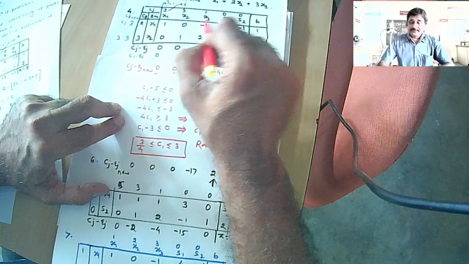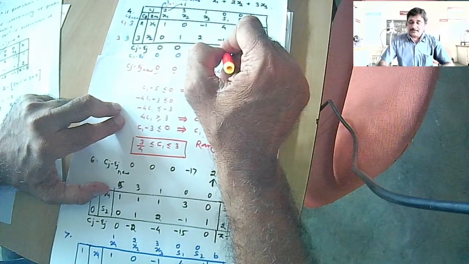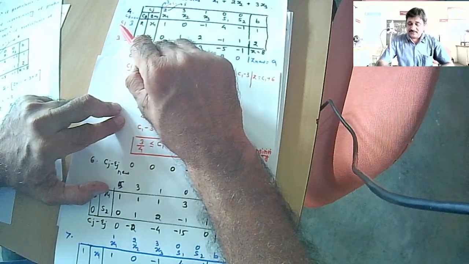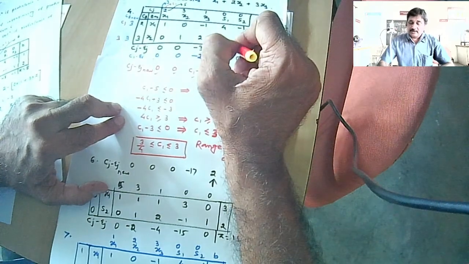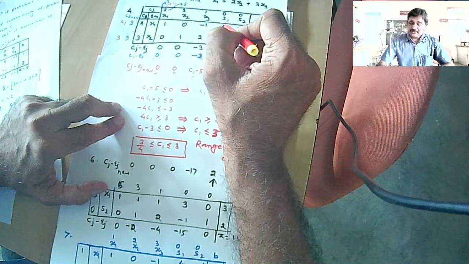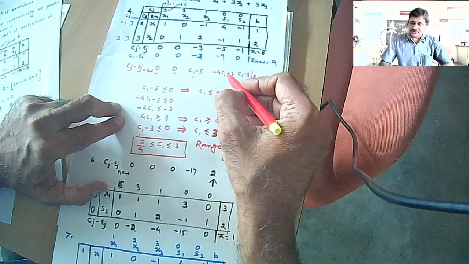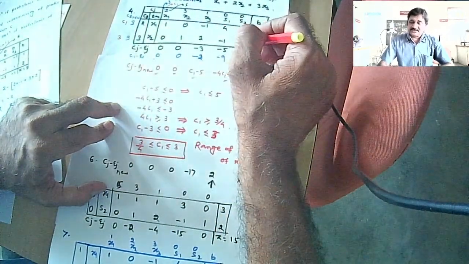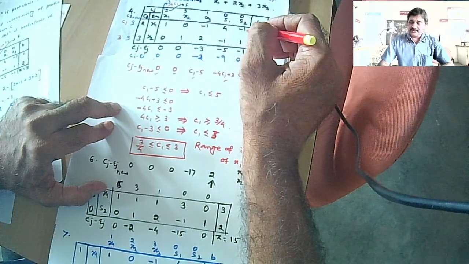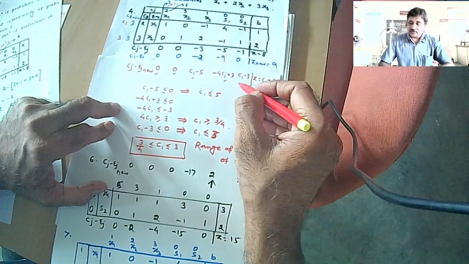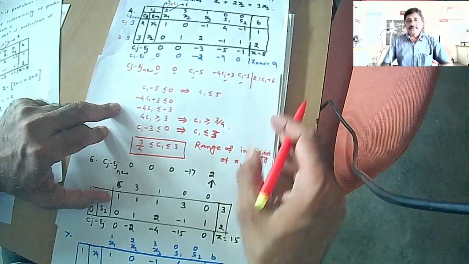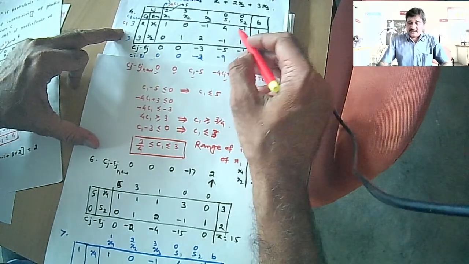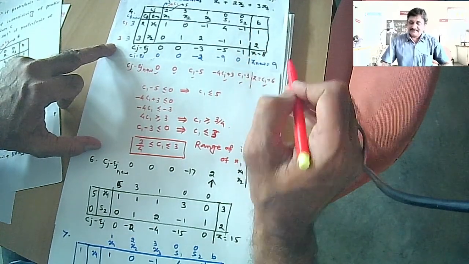I have to take this coefficient: 4C1 minus 3. So 0 minus 4C1 minus 3 gets you minus 4C1 plus 3. And likewise here, minus C1 plus 3, that is 0 minus C1 plus 3 gets you C1 minus 3, right? And lastly, if you want to find value of Z, that will be C1 plus 6, right?